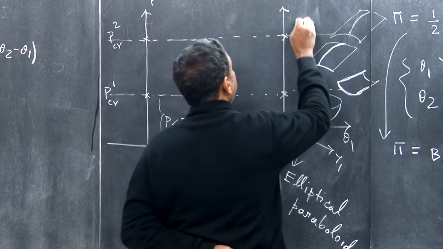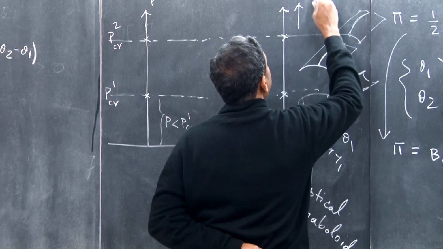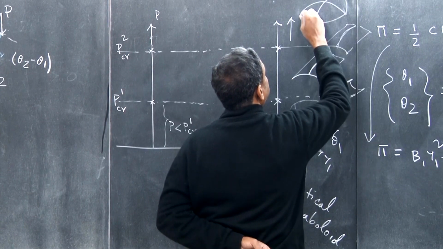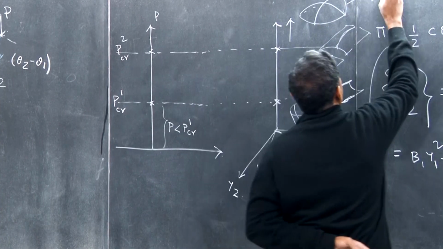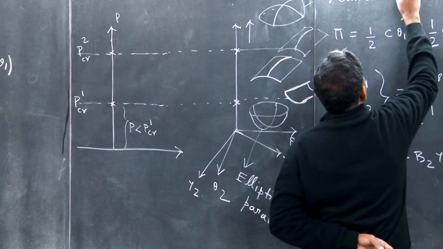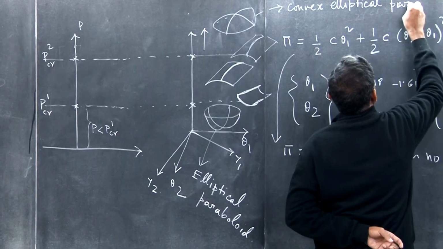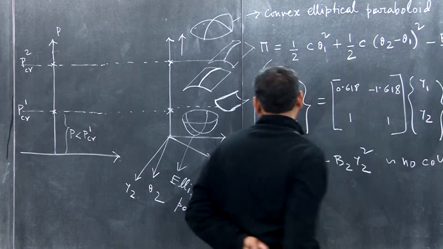And then when you come to this, here both sides will be, it is an ellipsoid paraboloid, but here what is happening is that it is a convex elliptical paraboloid.